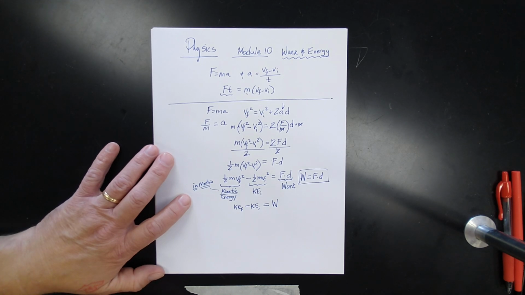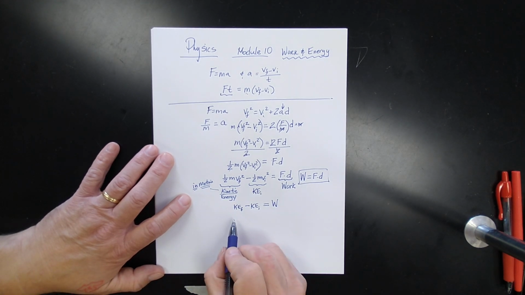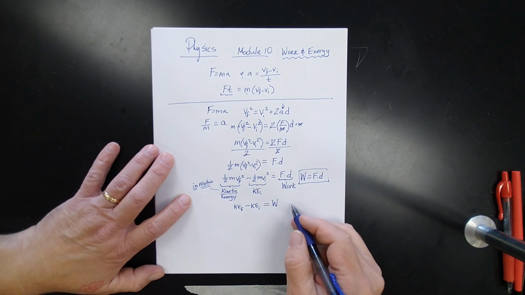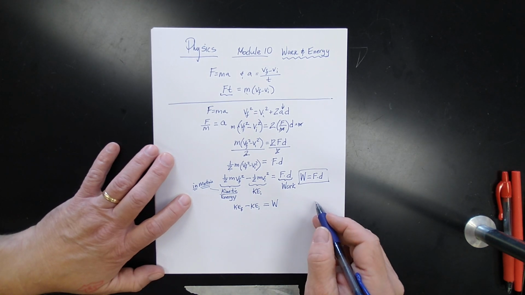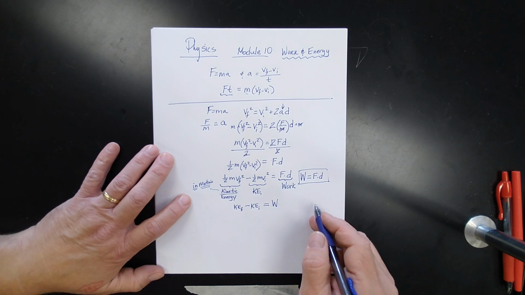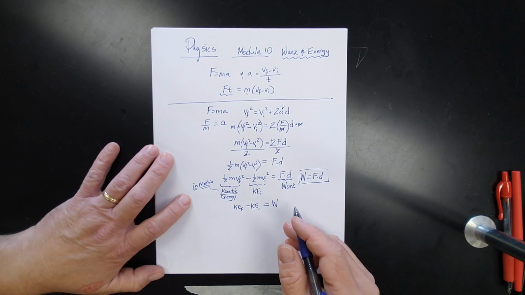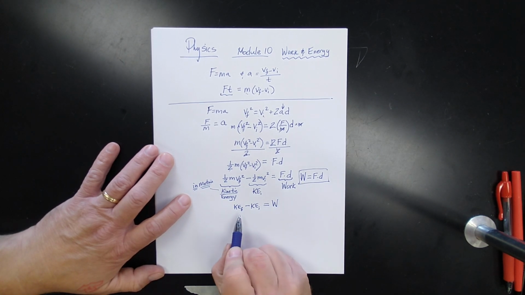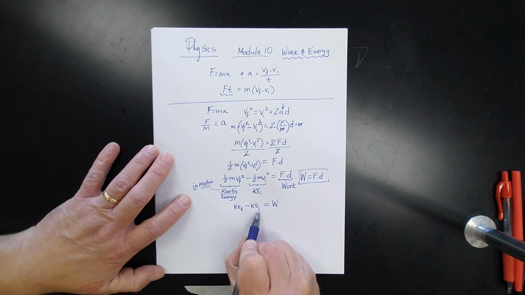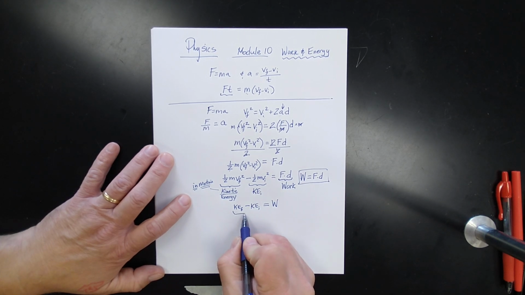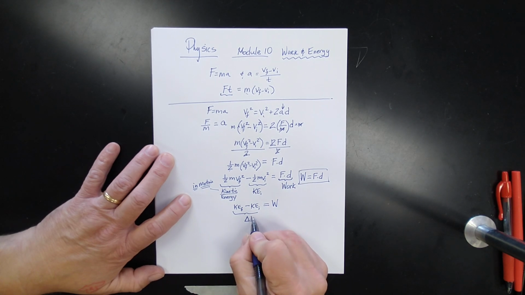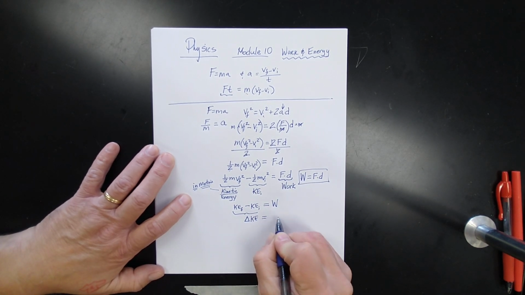And believe it or not, we can reduce this down a little bit more. Remember when we were talking about when you had one position and then you had another position, and you found the difference between the two, or the change in velocity causes acceleration, it was always final minus initial. So we're doing the same thing here. This is actually a change in kinetic energy.